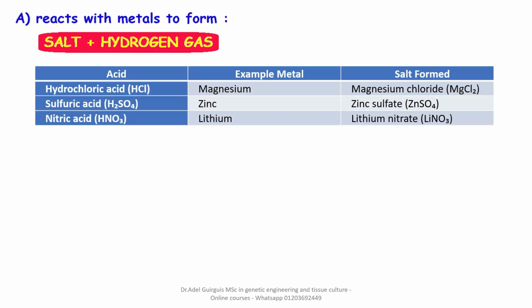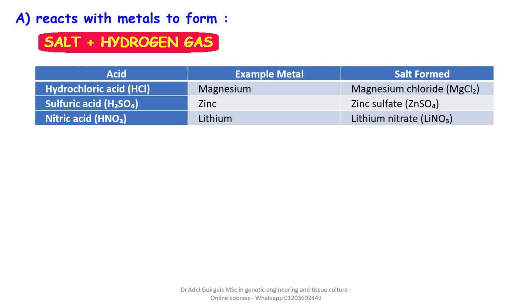Step by step. Letter E: react with metals to form salt plus hydrogen. Like when we react hydrochloric acid with magnesium, the salt formed is called magnesium chloride, MgCl2. Sulfuric acid and zinc, the salt formed is called zinc sulfate, ZnSO4.